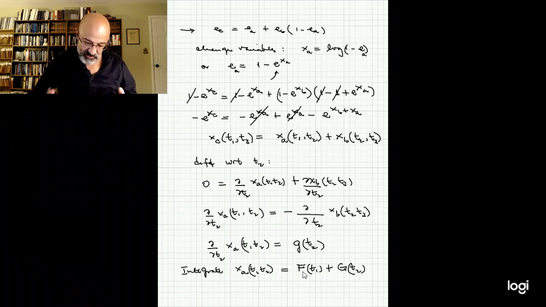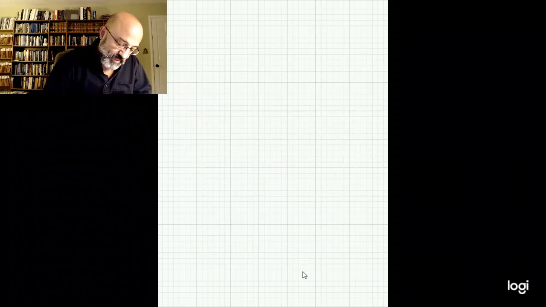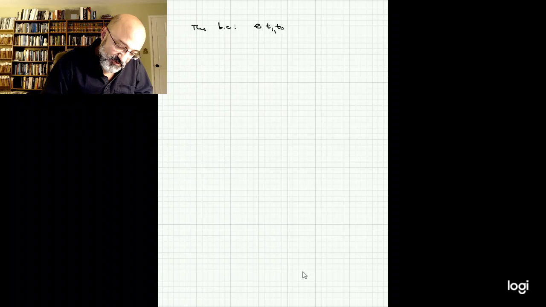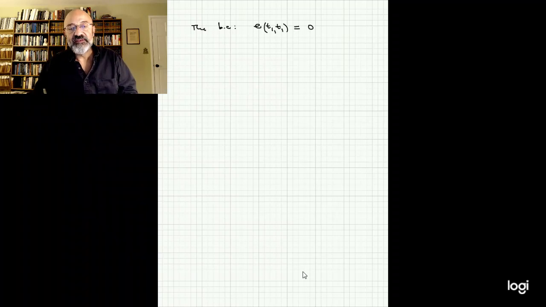Now, differential equations have boundary conditions. The boundary condition is that the efficiency of an engine operating between two temperatures has to vanish when the two temperatures are the same, right?